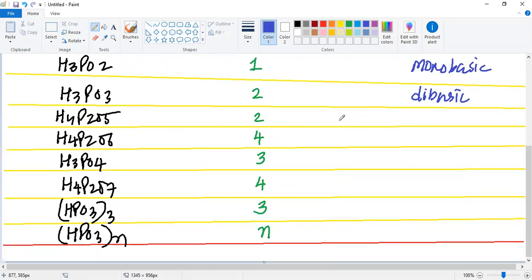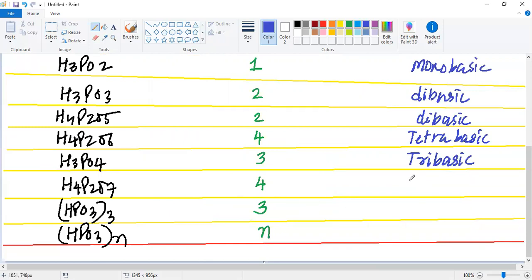Thus, we can say our H3PO3 is dibasic, or basicity is equal to 2. Then H4P2O5 is also dibasic. Then H4P2O6 is tetrabasic. Then H3PO4 is tribasic.